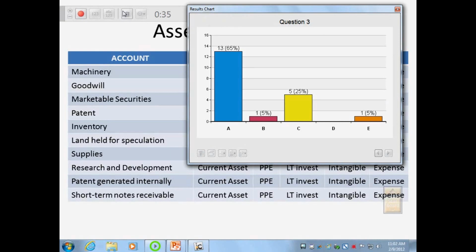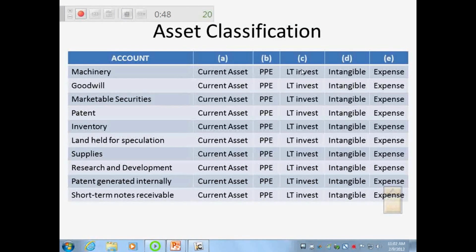Okay, so a lot of people think marketable securities are current, and not so many people think anything else. Marketable securities are generally current assets if you plan on trading them within a year.